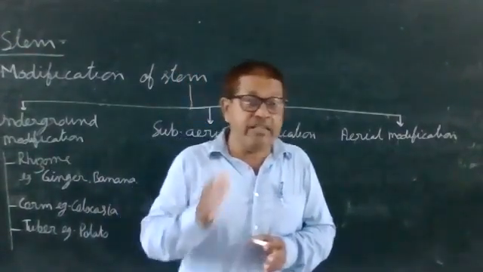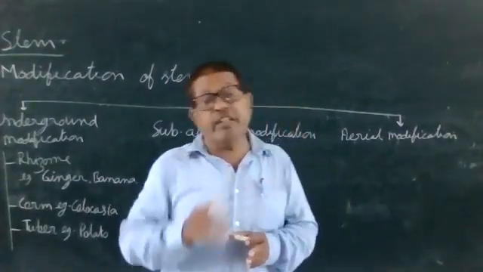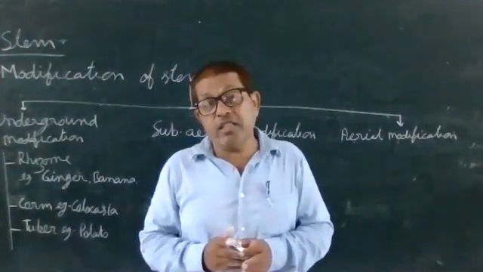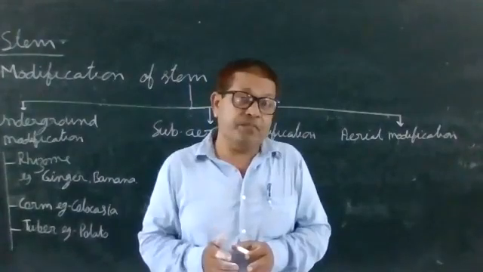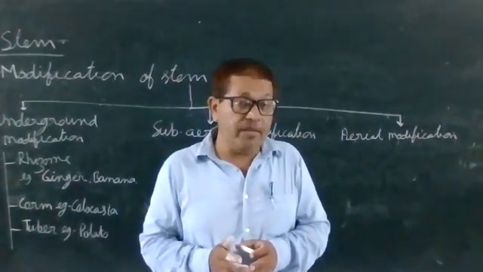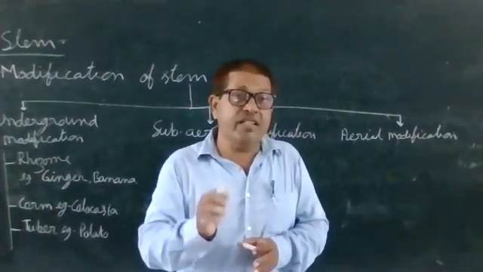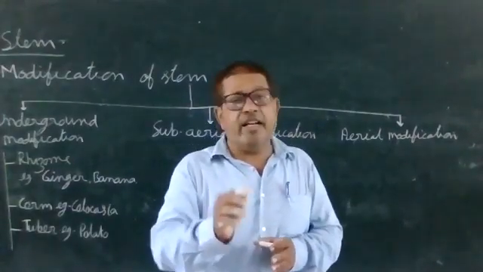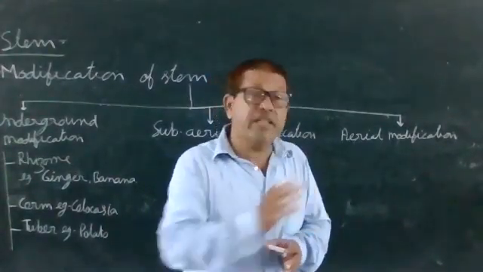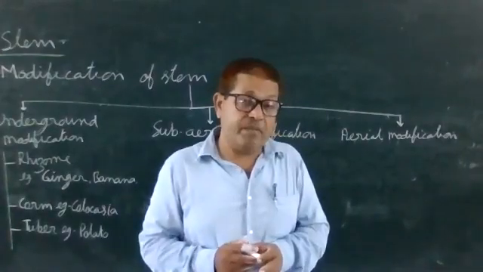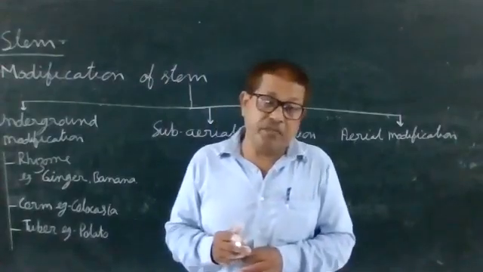So potato tuber is divided into stems and nodes and internodes. Nodes are represented by the eyes, and from the nodes, buds arise. So this is for the tuber.